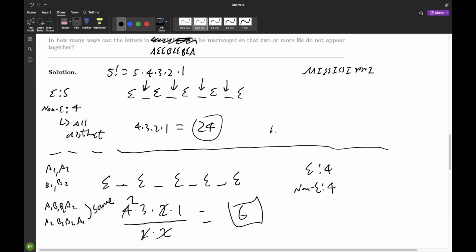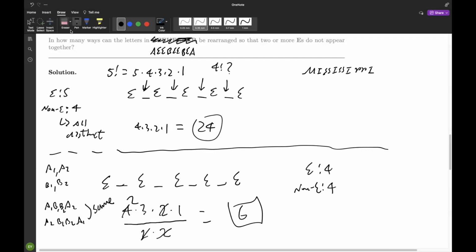A more rigorous definition would be more formal, but this is at least how they define it. So if 5 factorial is equal to that one, what is 4 factorial? Can you guys guess? What is 4 factorial?